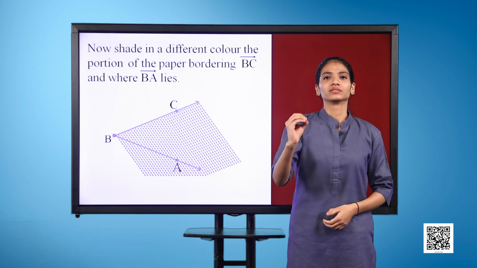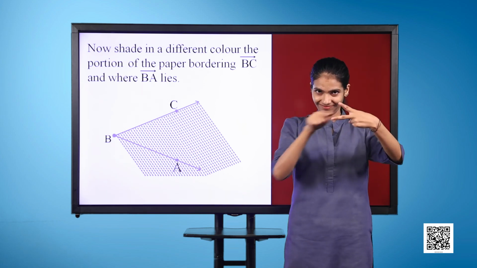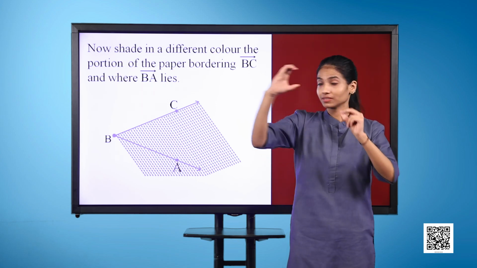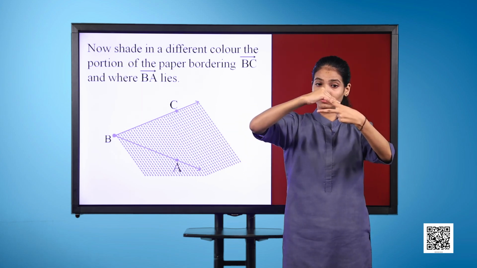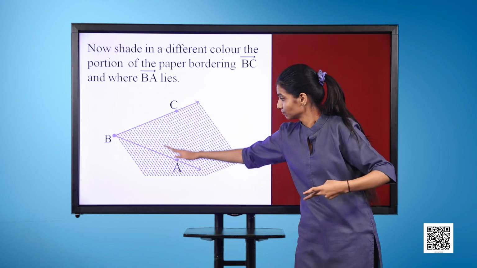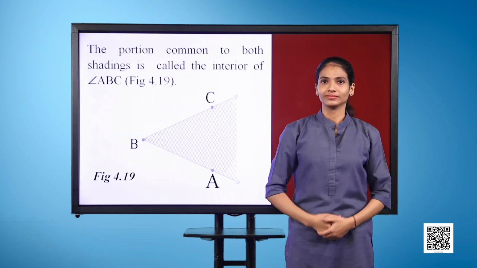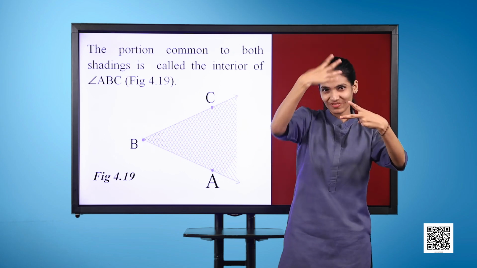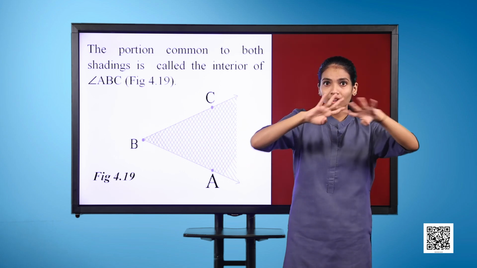Page 80. Now, shade in a different color the portion of the paper bordering BC where BA lies. The portion common to both shadings is called the interior of angle ABC.